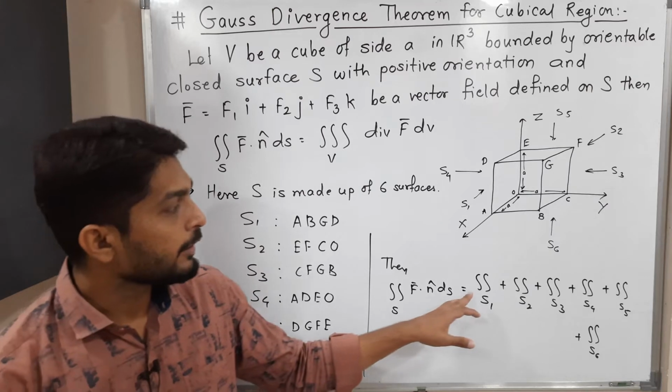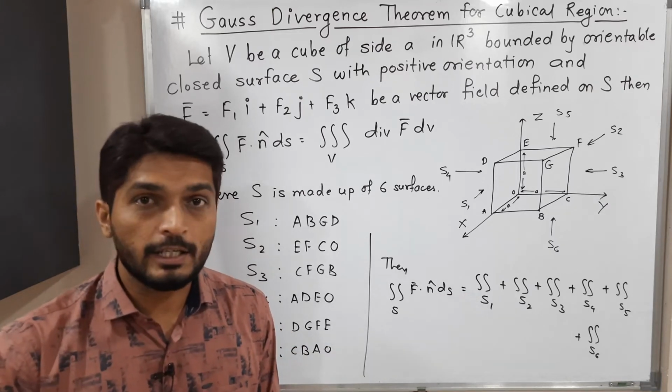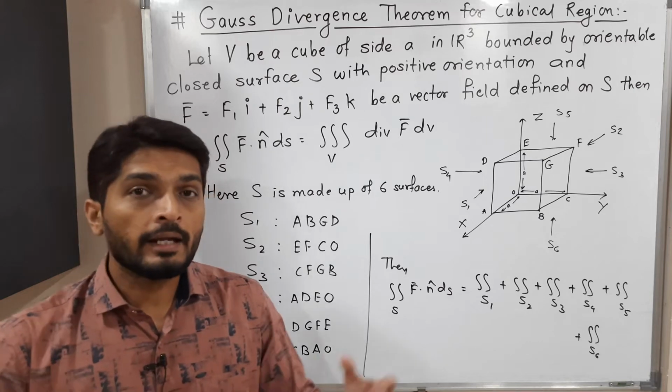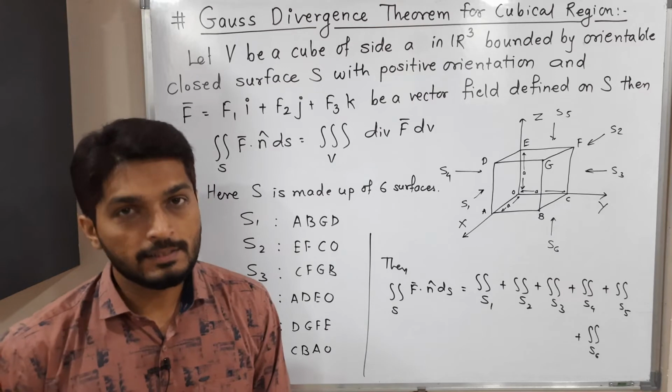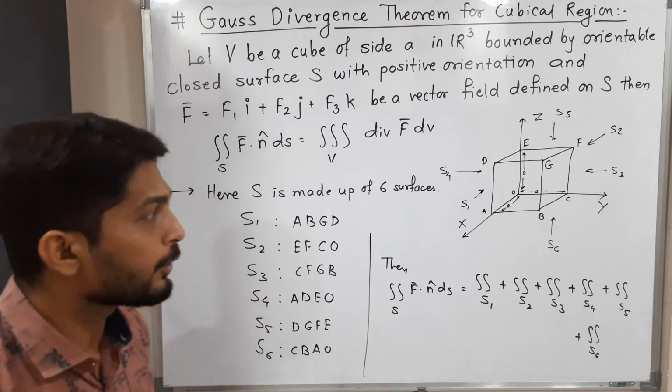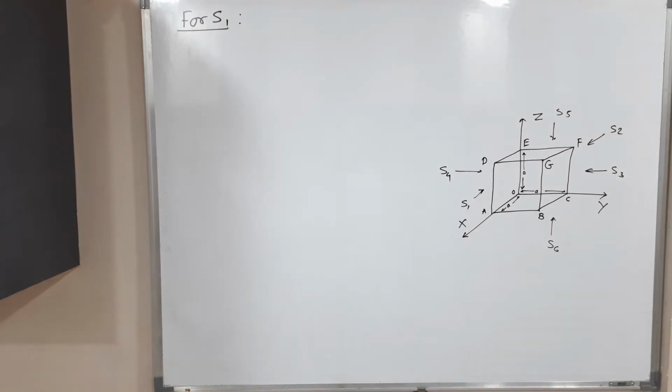I am going to find the value of that surface integral over S1, then over S2, then over S3, S4, S5, S6, and at the end I will add all these values. So we will have the value of this surface integral. Let us work on S1 first.